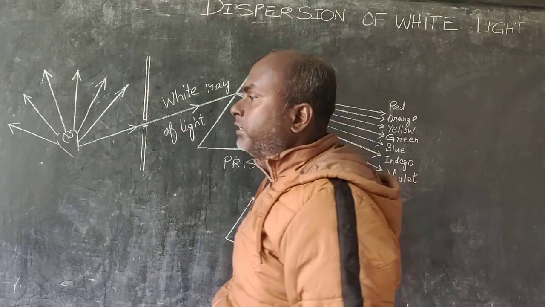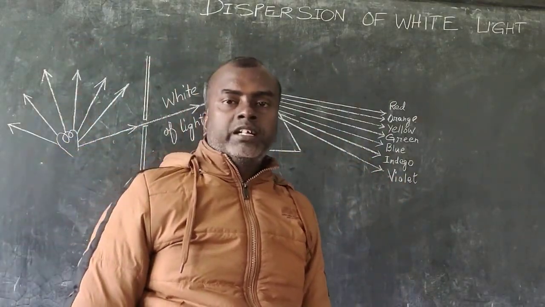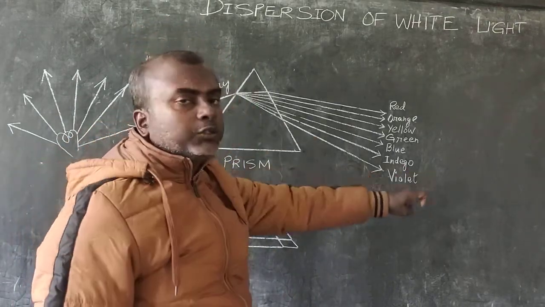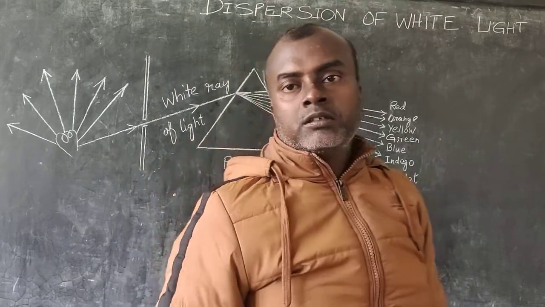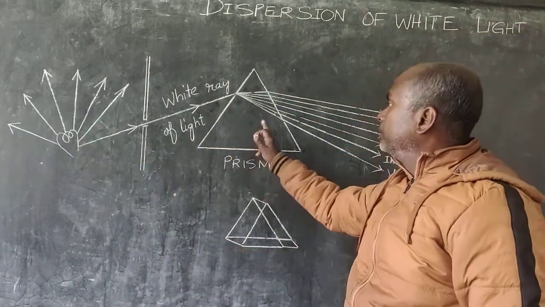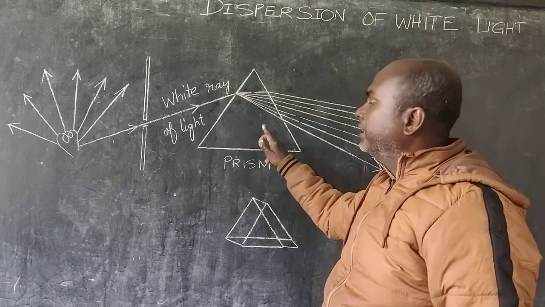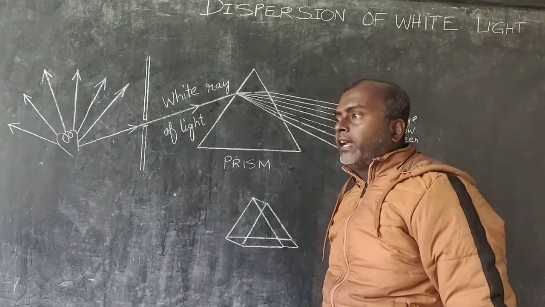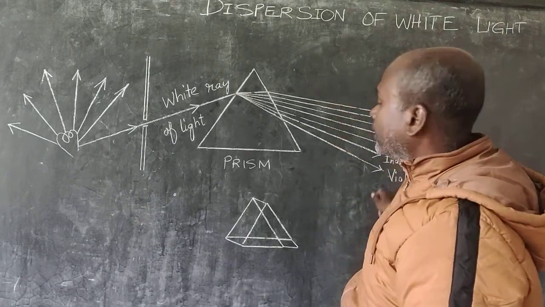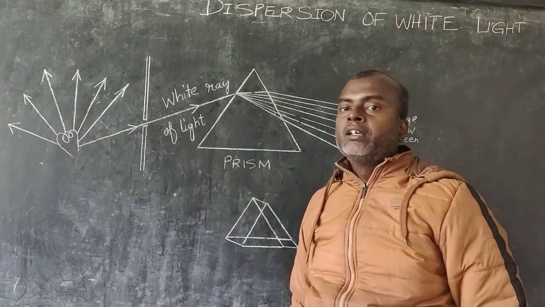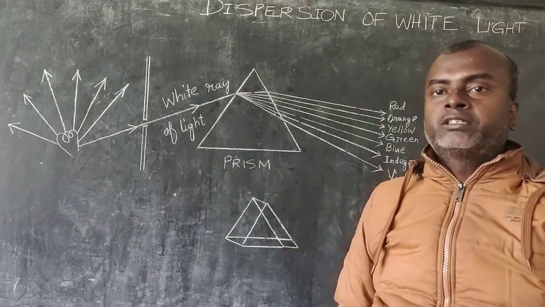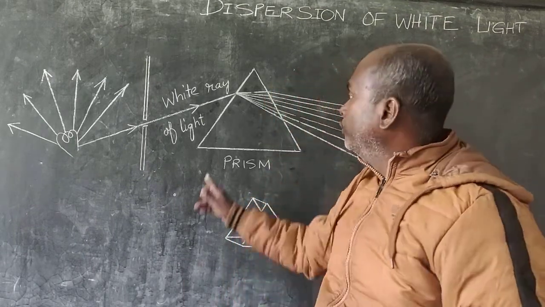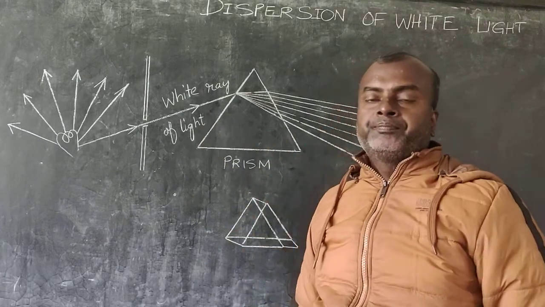Now the question arises, why does white light split? Why doesn't the white light as it is incident come out as white light after refraction? The reason is this acts as a disturbance for the individual colors of white light, and it so happens that all the 7 colors present in white light don't have the same velocities, or in other words, they don't have the same amount of strength to pass through this prism.